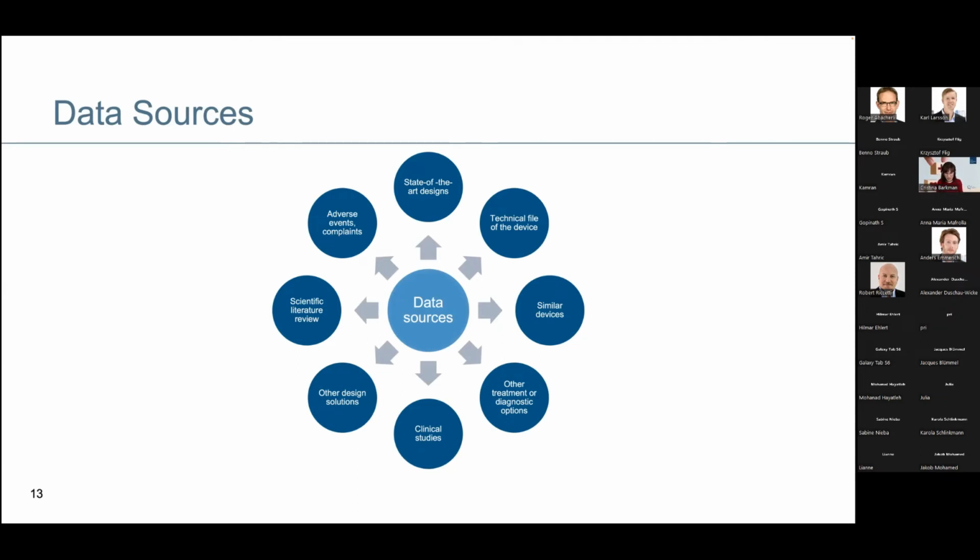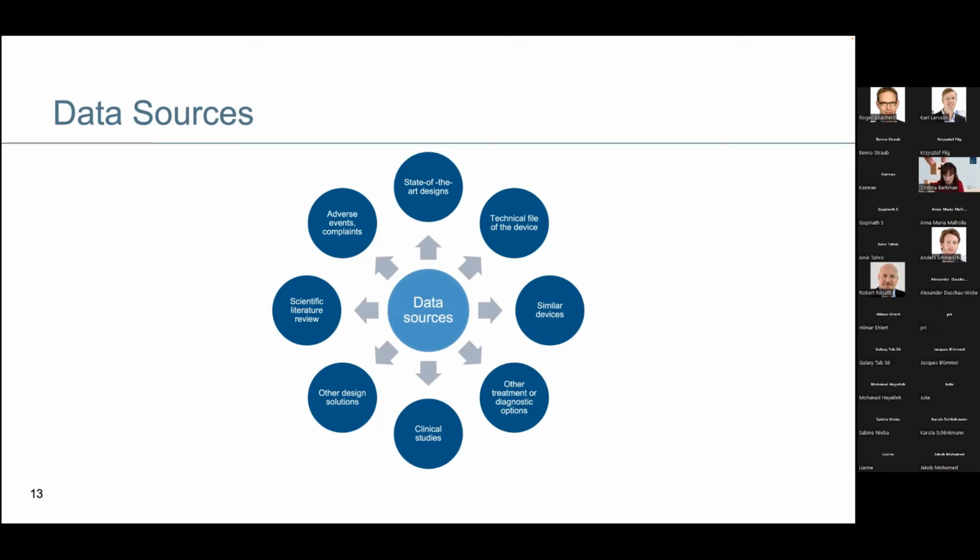Well, the evaluation should take into account knowledge of the intended medical indication, the generally acknowledged state of the art in technology and medicine, and the availability of alternative medical devices or treatments. So you would need to gather that data, and you see it in this picture as state-of-the-art design and other treatment and diagnostic options, for instance.